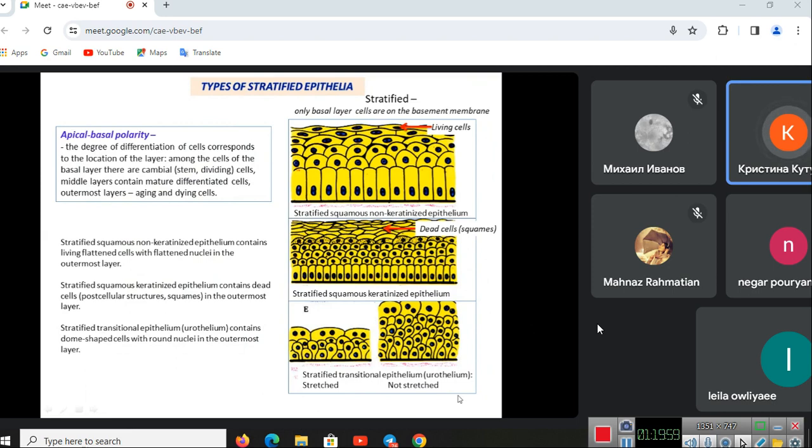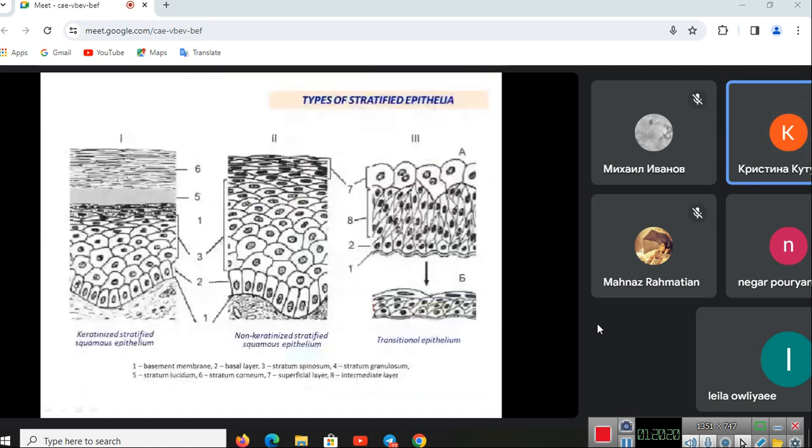And transitional epithelium has cells with rounded cell nuclei in its most apical layer. So these are the main differences between these three types of epithelia. So you should look upon the surface every time. So here, all the three types of epithelium.